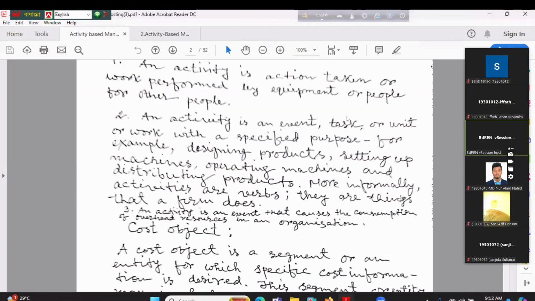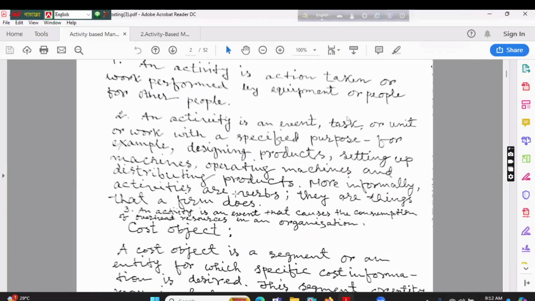Setting up machines, operating machines, and distributing products. More informally, activities are verbs.